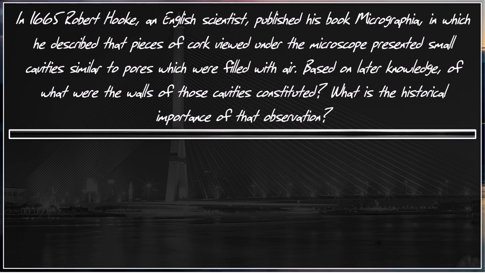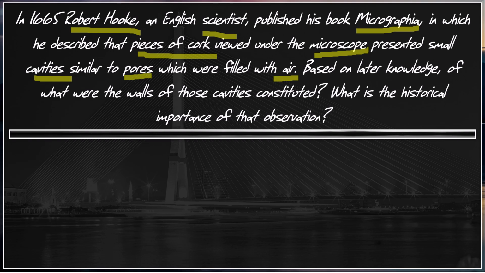In 1665, Robert Hooke, an English scientist, published the book Micrographia, in which he described a piece of cork viewed under the microscope presented small cavities similar to pores, which were filled with air.